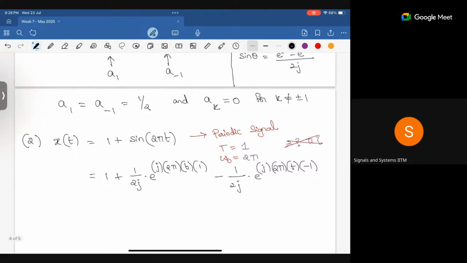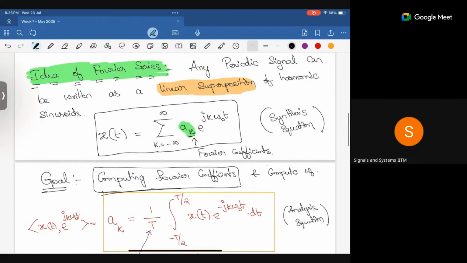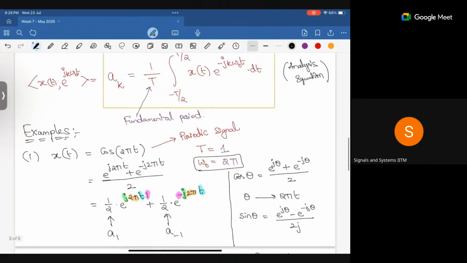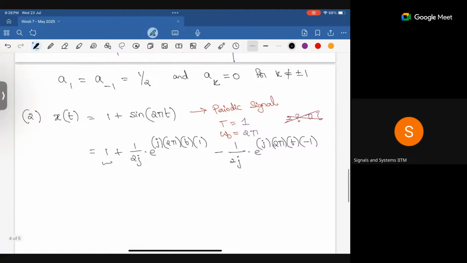And here, 1 also. Here I don't have any e power something. So in this expression I need something like e power jk omega naught t. So what does this DC value 1 correspond to? Yes, exactly.